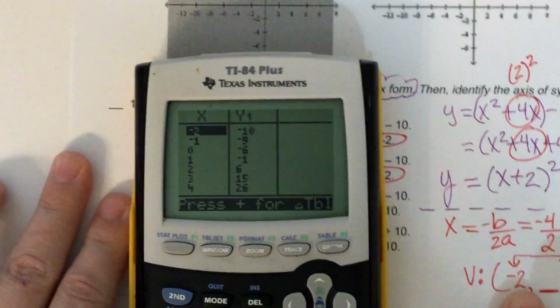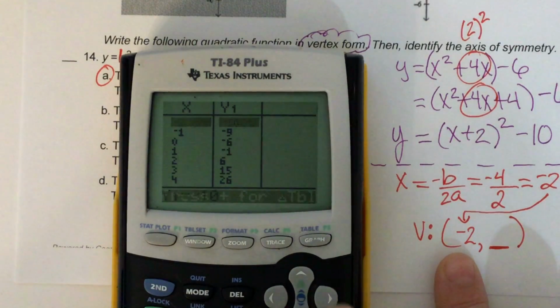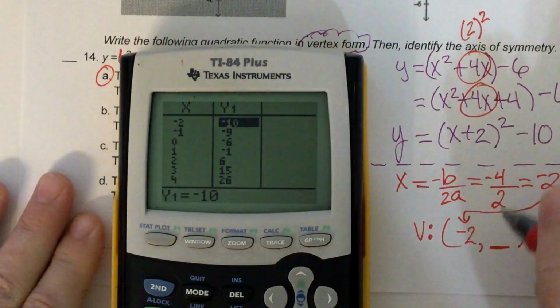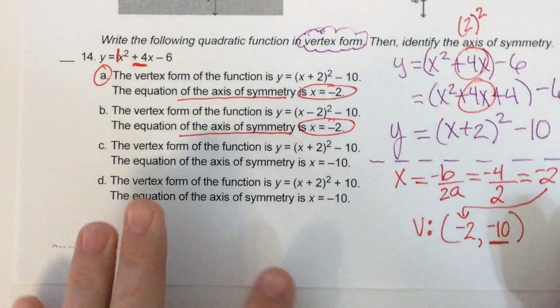I want to look for negative 2 in the x column, and here it is, and the y that goes with it is negative 10. So this means my vertex is negative 2, negative 10.